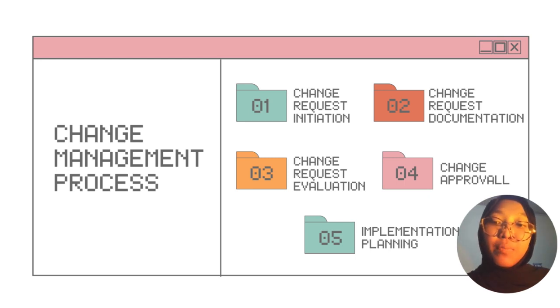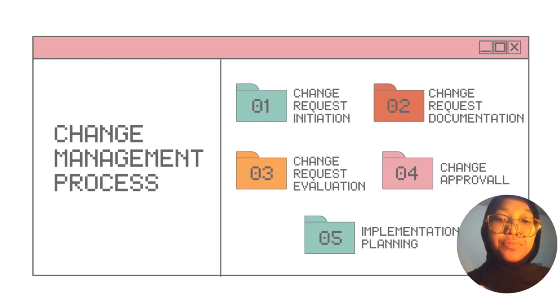Upon approval, a detailed implementation plan is developed. This plan outlines the steps, resources, and timelines required to execute the change successfully. It includes consideration for potential fallback strategies in case of unexpected issues during implementation.